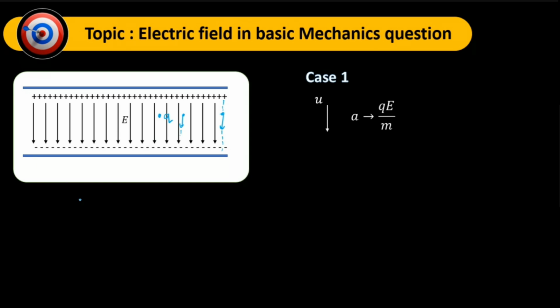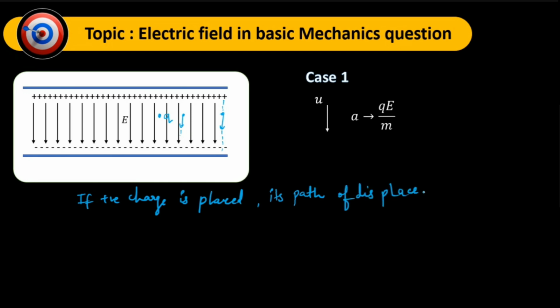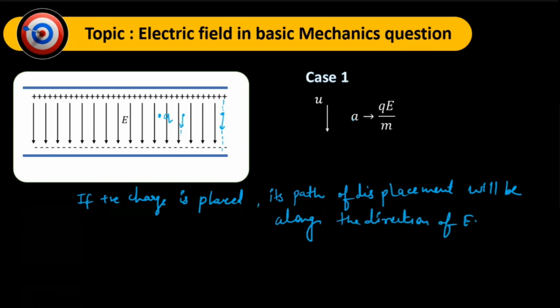Again, if a positive charge is placed, its path of displacement will be along the direction of the electric field, assuming that the initial velocity is in the direction of the electric field.